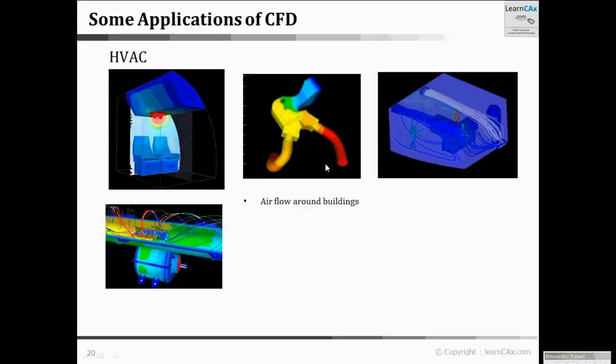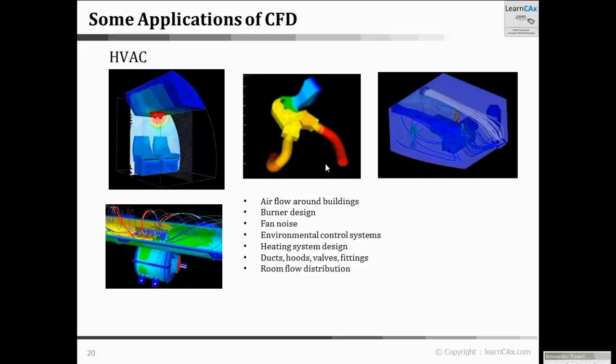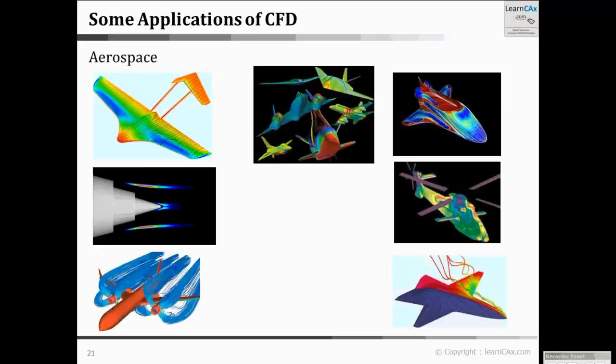In HVAC field, it is widely used in seeing the airflow around buildings. Some of the designs like burner design, fan noise, environmental control systems, heating requirements and cooling requirements of indoor environments, as well as duct and walls and fittings modeling, the flow through those. It is also used in indoor room flow distribution modeling.